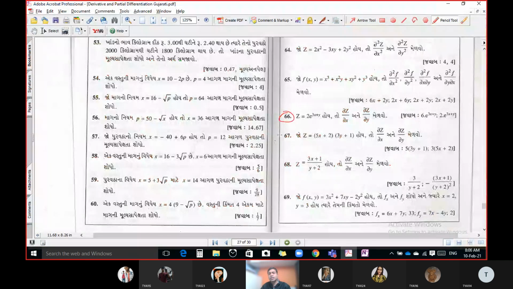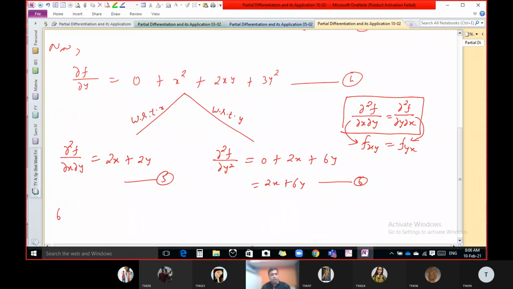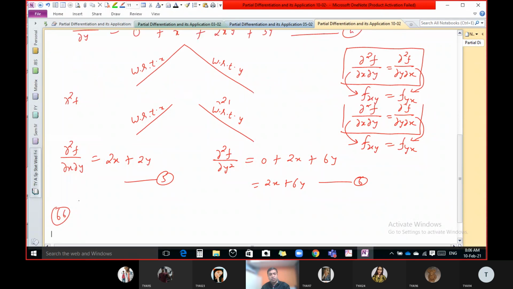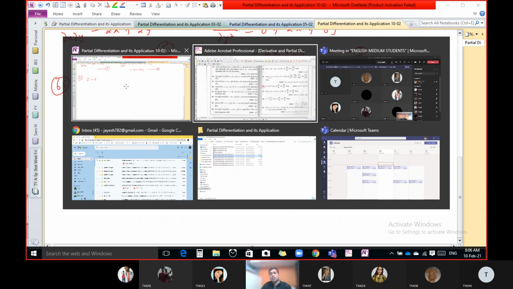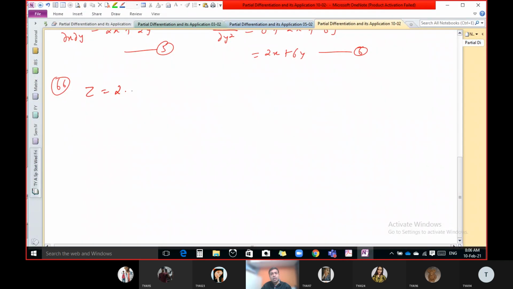Question number 66. z equals, either you can say z or f of x comma y, both are the same. So z equals 2 into e raised to 3x plus y. 2 is a constant into e raised to 3x plus y.